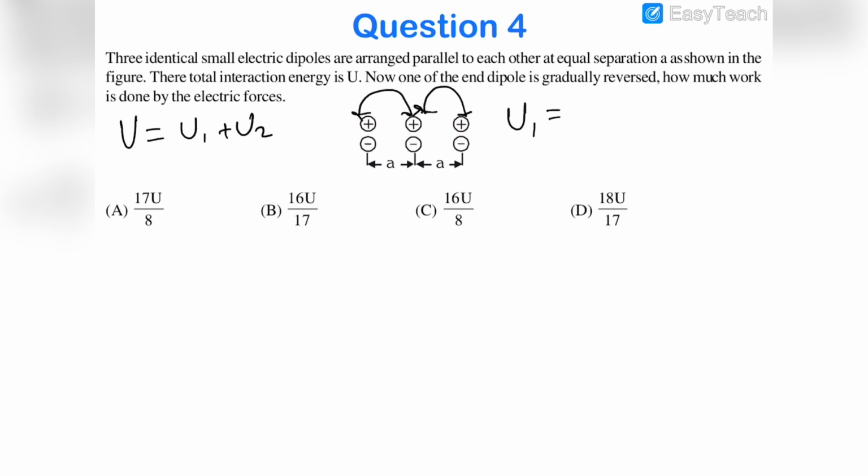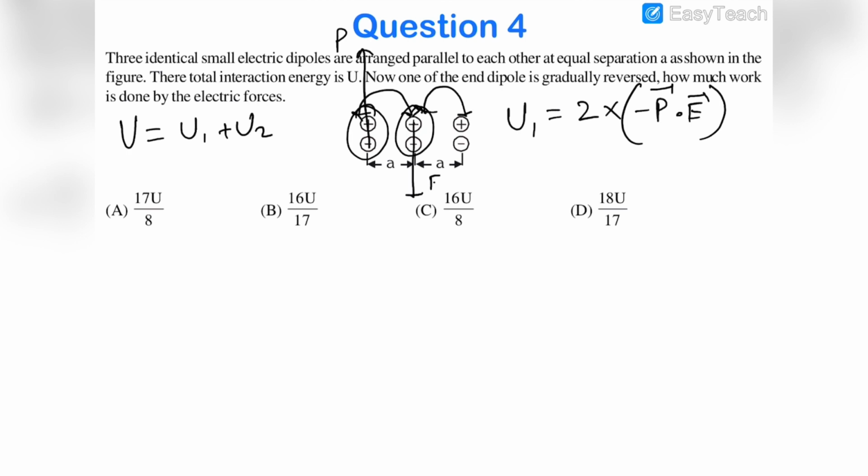So the interaction energy will be twice of, now we know that the interaction energy of a dipole is minus p dot E. The electric field of this dipole on this dipole would be in the downward direction, because the dipole moment is in the upward direction.